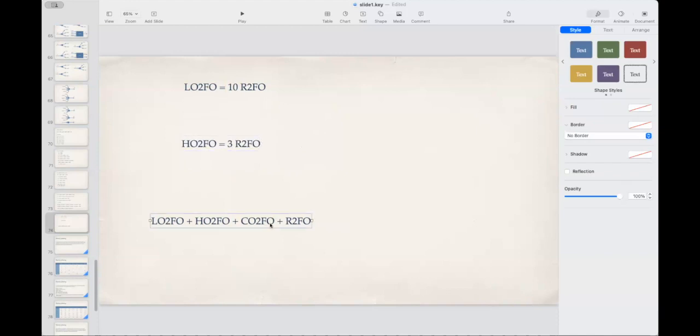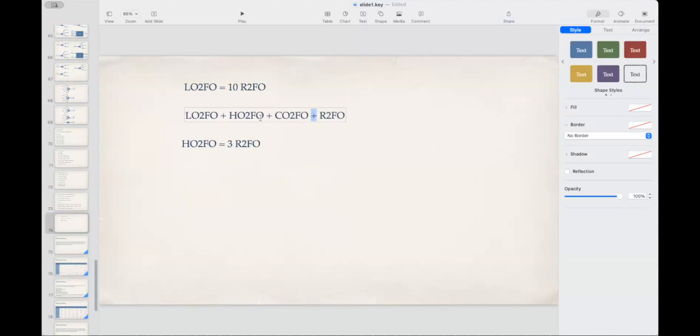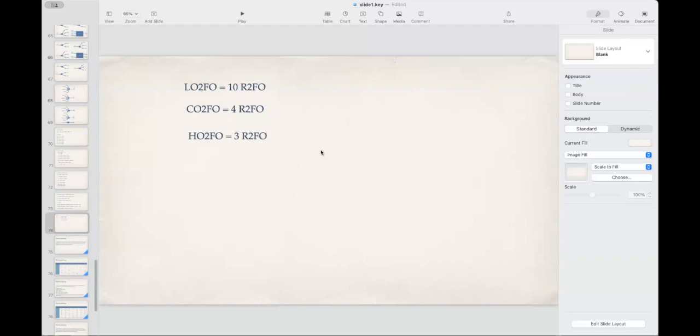Yes. Okay, the order is different. So this one should be 4. Okay, good. Now we have heavy oil to fuel oil, right? Which must be 3 times the ratio to fuel oil.